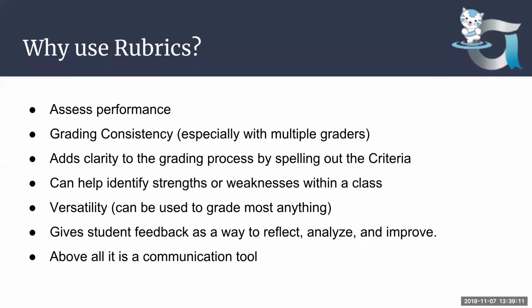Another thing that rubrics can provide is that they can identify strengths and weaknesses within a group. For example, let's say there is some aspect of a particular assignment that the students didn't fully grasp in a lecture that happened previously.